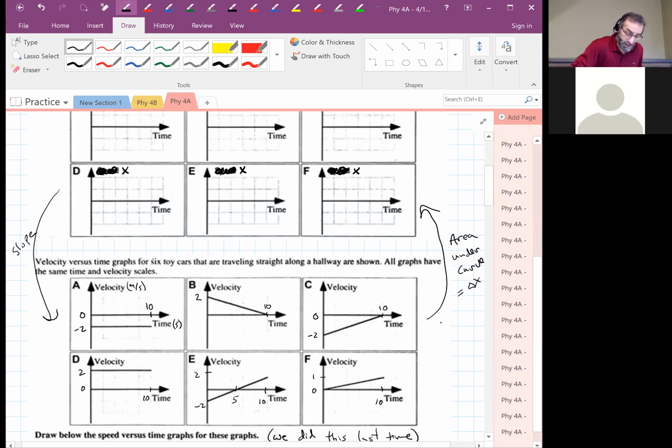So the area under the curve is equal to 20 meters, and that's going to equal the change in x. That's a delta.